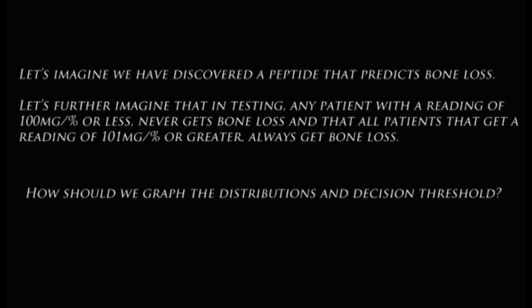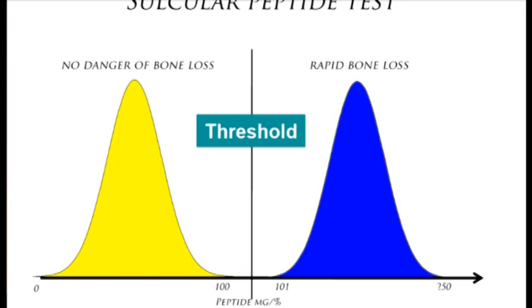And any patient that has 101 or greater, they always get bone loss. What would that test look like? It looks like this. Now your decision threshold is really easy in perio now. You have a test that tells who's going to get bone loss and who doesn't. And it's based simply on this one parameter. It's 100, no bone loss. 101, what a great test, right?